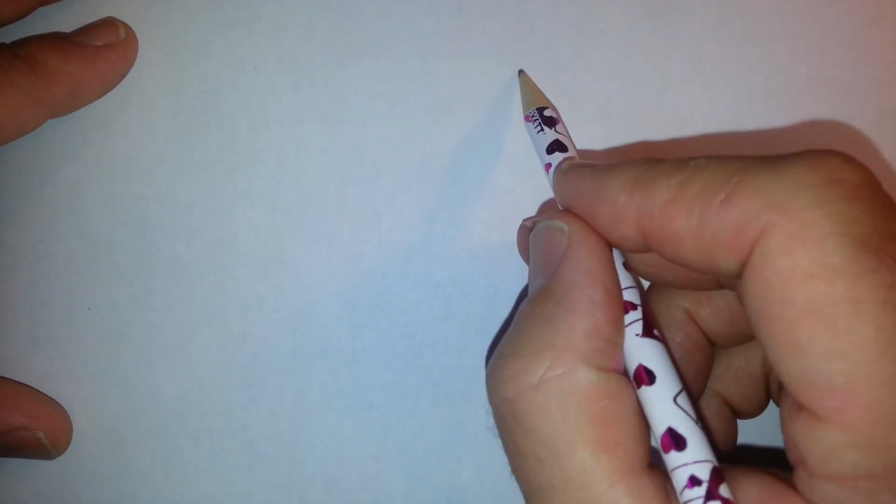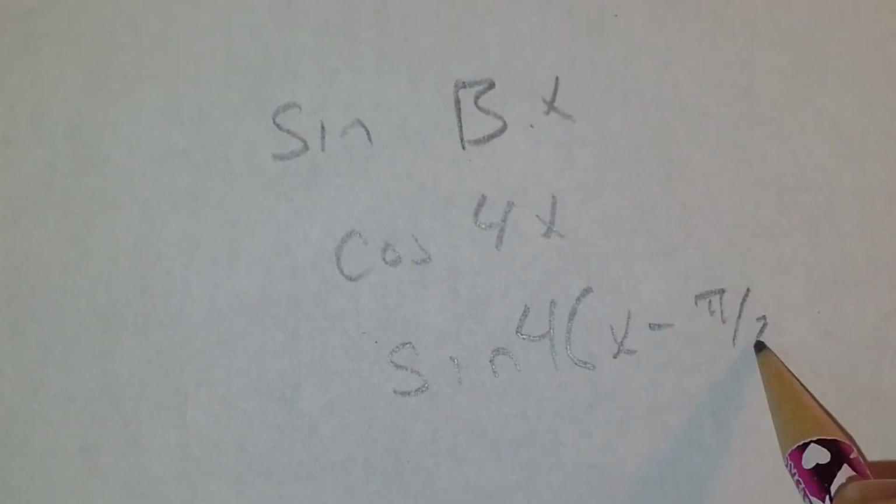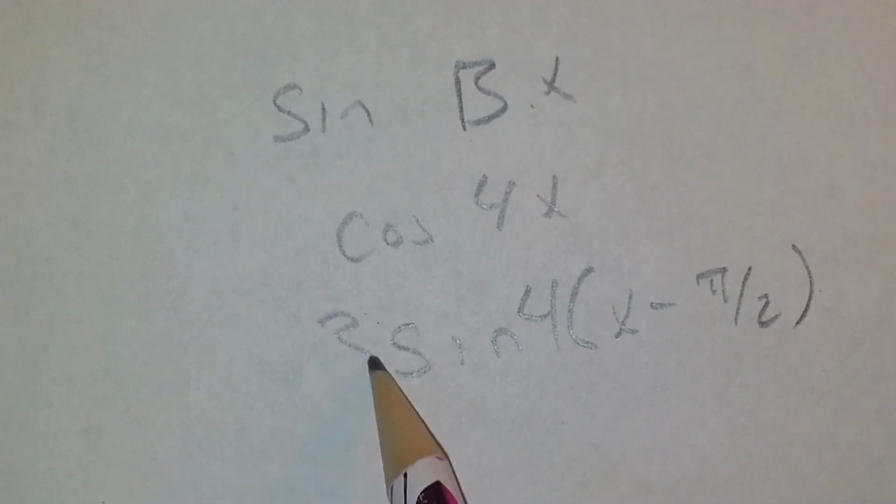Now let's talk about b, sine of bx, or let me zoom in a little bit so you can see a little better. Okay. Sine of bx, or cosine of 4x, for example, that's your b. Sometimes you'll see it when you have a phase shift, like so, sine of 4 times x minus pi halves. Okay, and then you could have a -3 and plus 2.